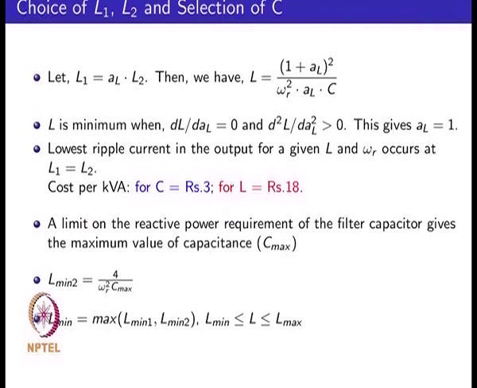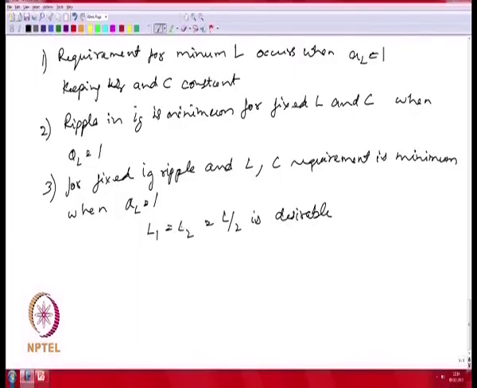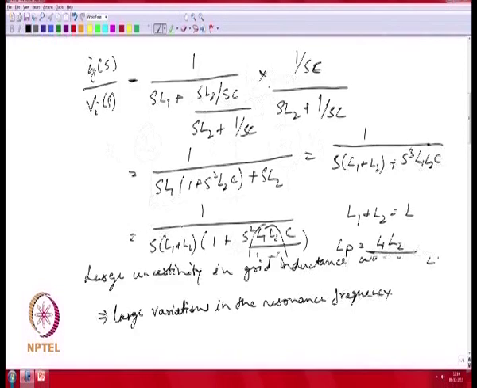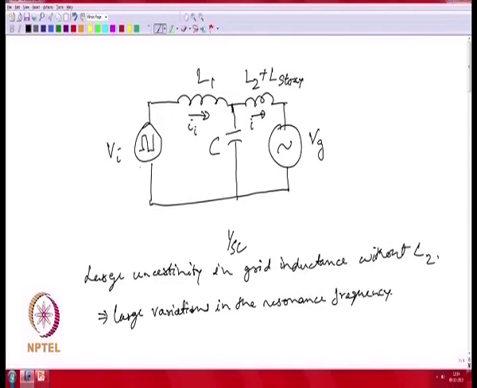You also have one more constraint on the LCL filter. So, if you look at the LCL filter, while operating the power converter, if you now look at the operation at the fundamental voltage, you have say 240 volts over here and 240 volts RMS over here.